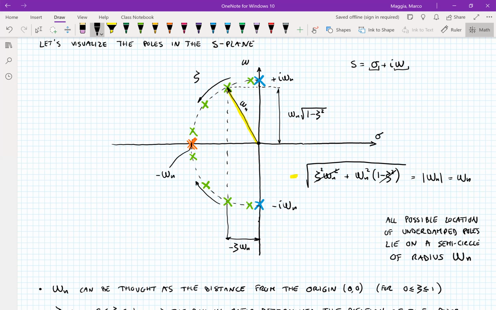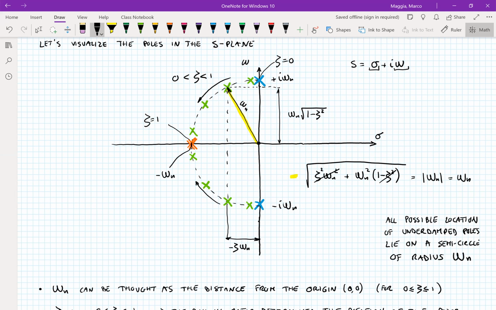And this is valid for zeta equals 1. So you see that we started from the imaginary axis for zeta equals 0. As we increased the damping ratio, we started going towards the real axis, always on the semicircle of radius omega n, until we hit the real axis at minus omega n.